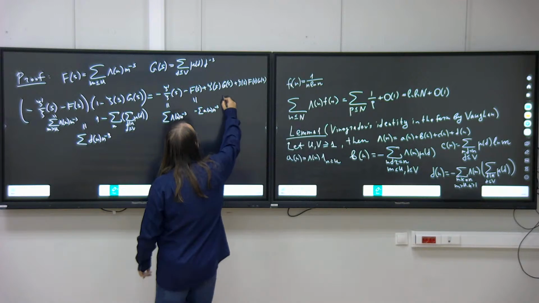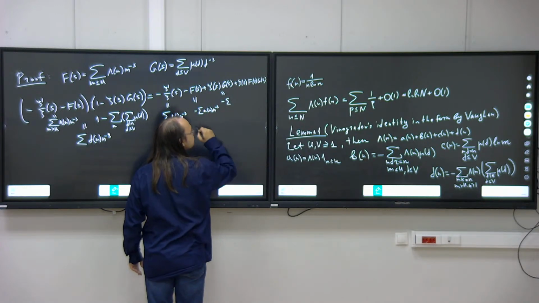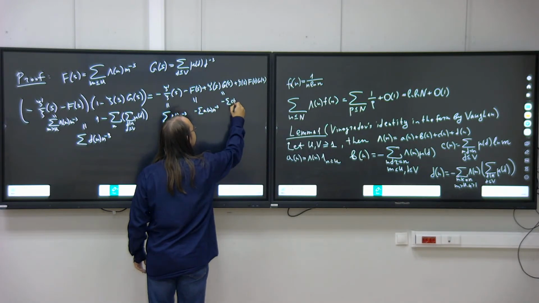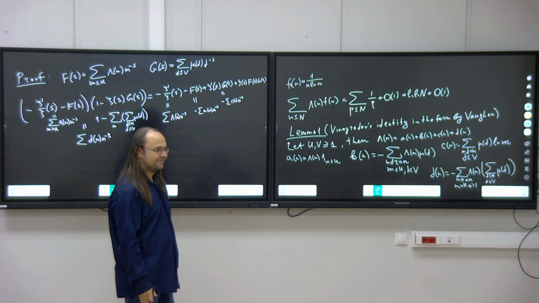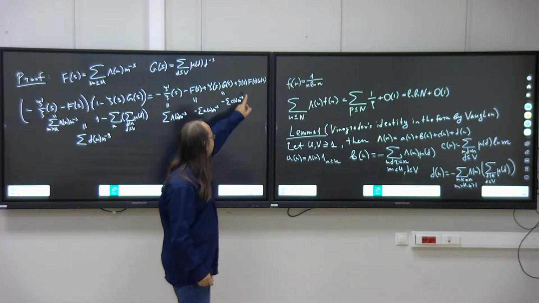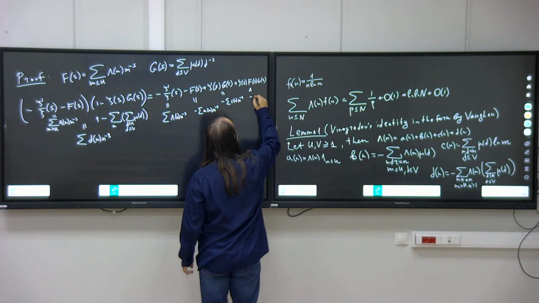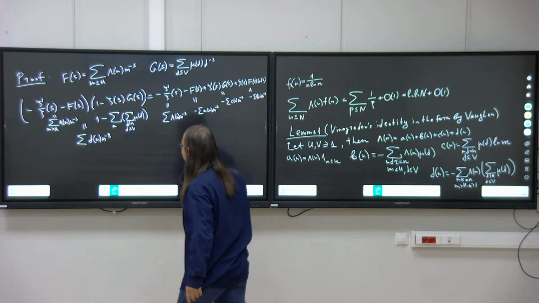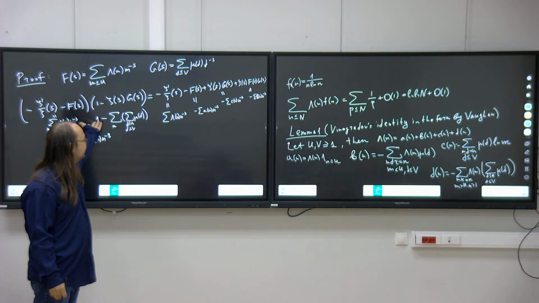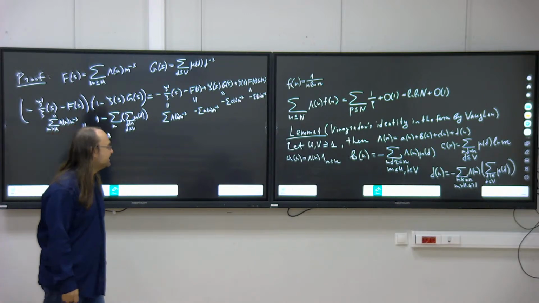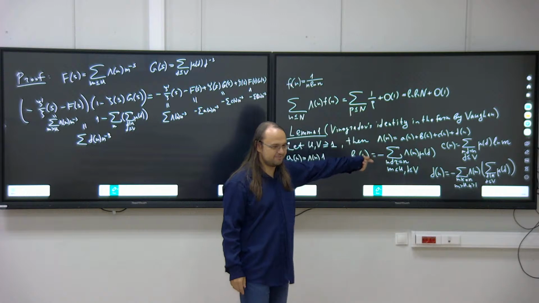And so this one is minus the sum c of n to the power minus s. And this one is minus the sum b of n to the power minus s. And then you compare the coefficients in the identity, and you get that lambda is a plus b plus c plus d.